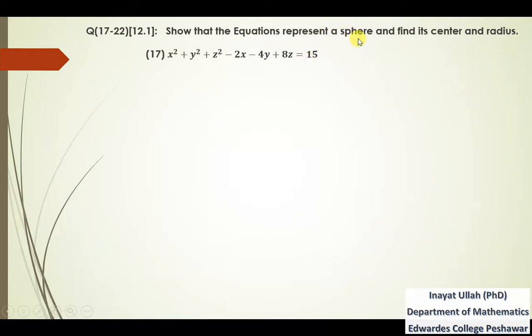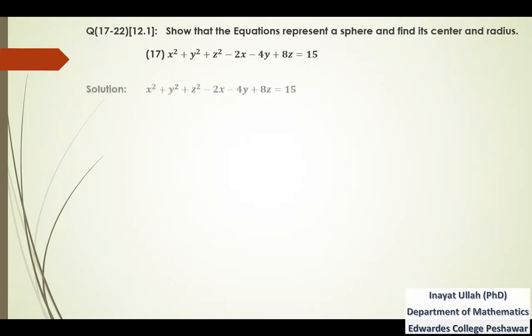We know the equation of a sphere is x minus h whole square, y minus k whole square, and z minus l whole square is equal to r square. So first of all, we need to convert this equation by the completion of square method to that standard equation, and then comparison will give us the center and radius of that sphere.